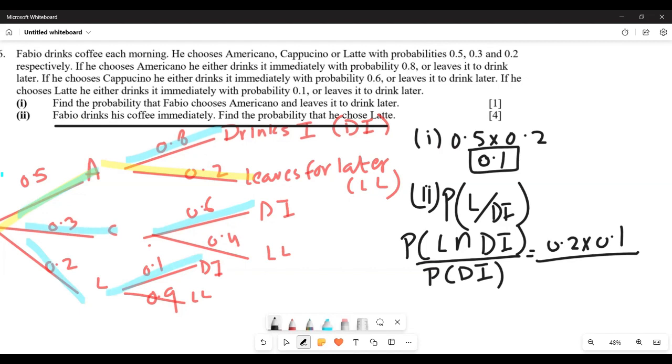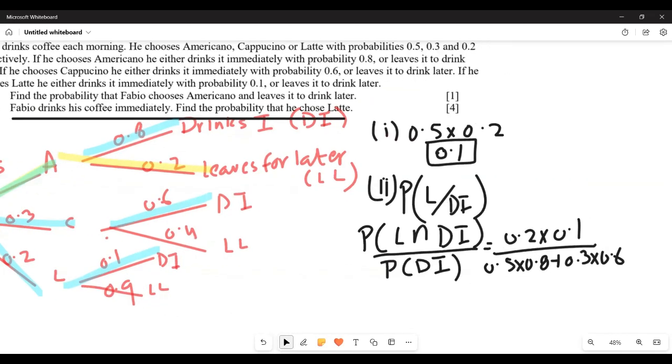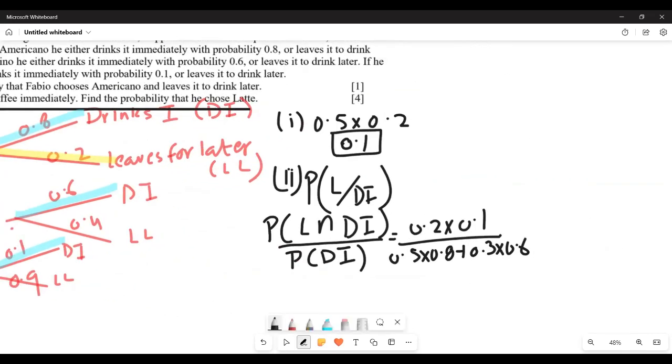So sum of all these three products, 0.5 into 0.8 plus 0.3 into 0.6, and one more plus 0.2 into 0.1. And this should give you 1/30, which is the given answer.